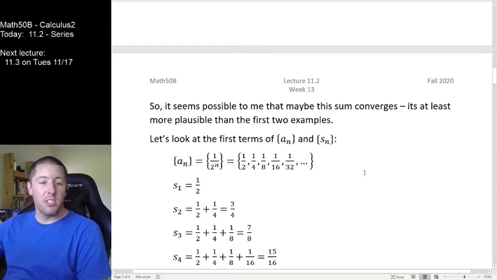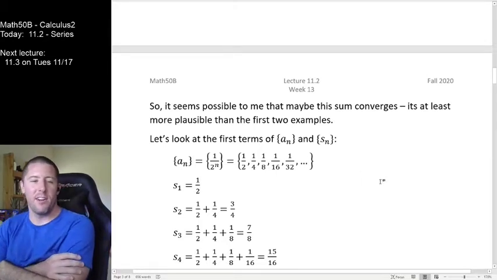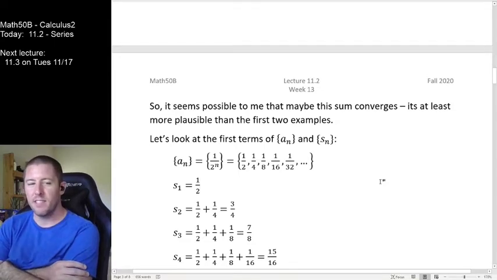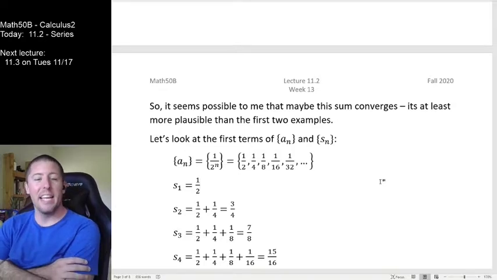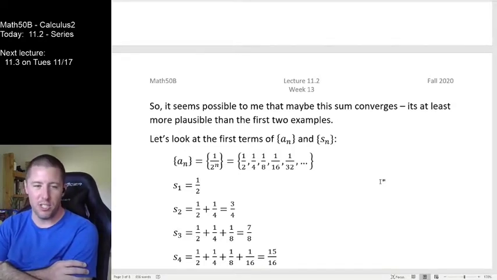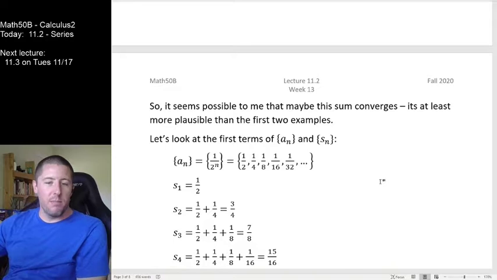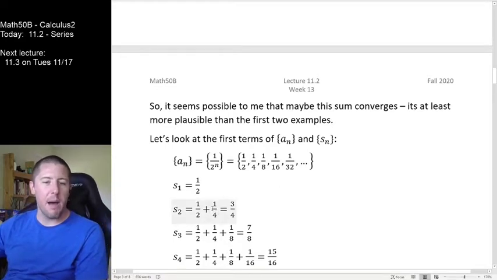However, when we're talking about our partial sums, I need to do a little bit of math in my head to kind of help me see what's going on here, right? So our first term in the partial sums sequence, S sub n, is 1 half because that's just the first term. If we add up the first two terms, 1 half plus 1 fourth, well, I can get a common denominator. I can think of this as 2 fourths plus 1 fourth, and that's going to give us 3 fourths.